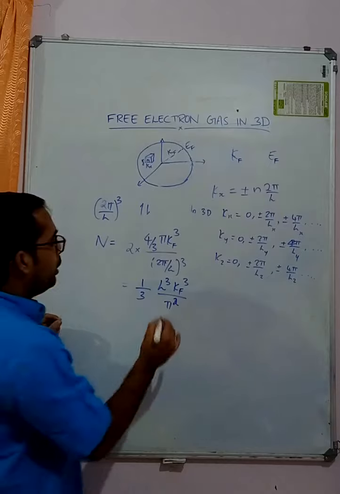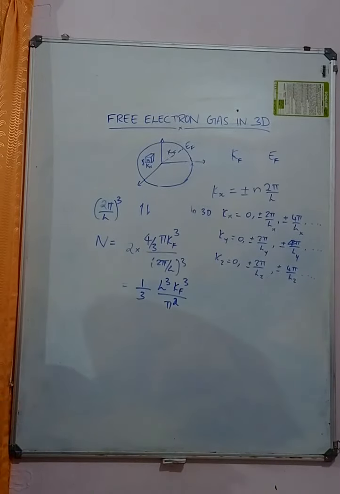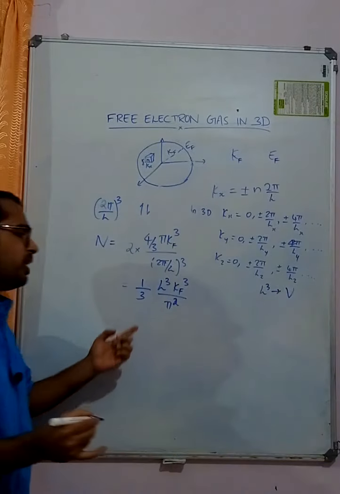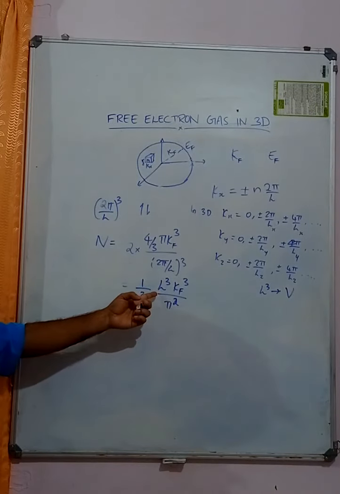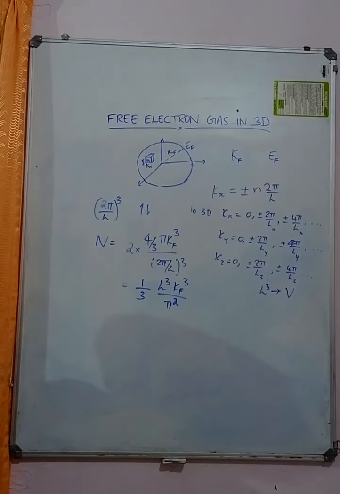For real space problems where we consider a rectangular box of dimension L along x, y and z directions, this L cube represents the volume of the cube. So we can consider it as the volume. Now we are considering the dimensions along all three directions to be equal.